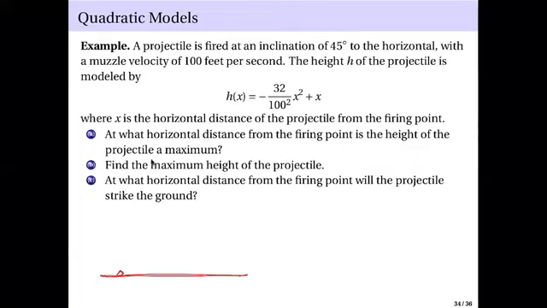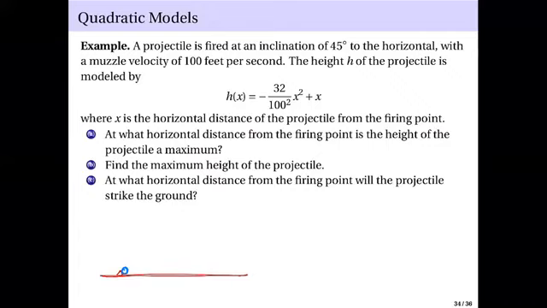Let us assume that this is a particle on that ground. When the projectile is released, it's coming from the ground, and therefore the height at that position is 0.